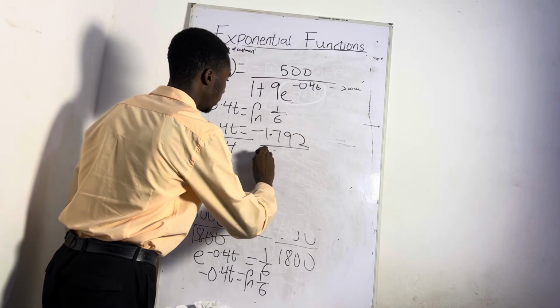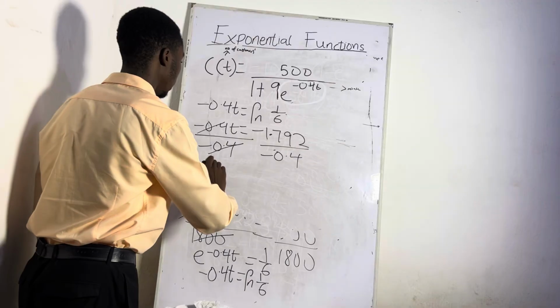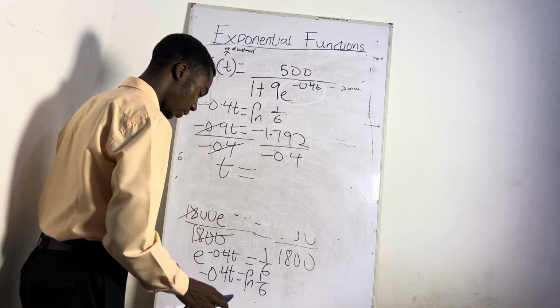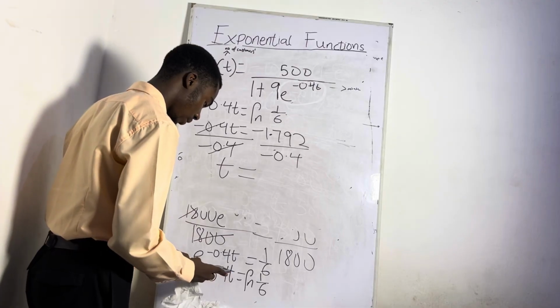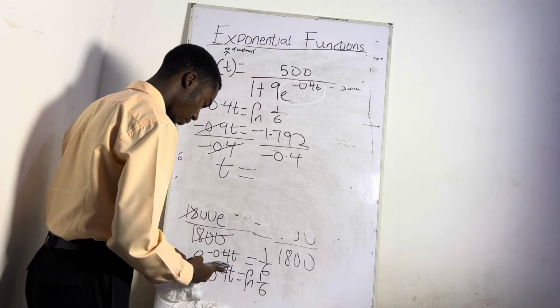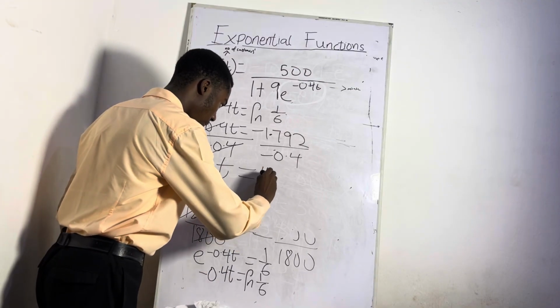So this will cancel this, and our t will finally be equal to negative 1.792 over negative 0.4. So you are getting 4.48.